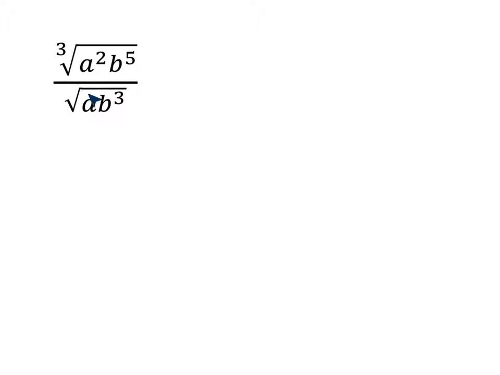A little bit of division now. Simplifying these guys is a little different because we have two different indices, a cube root and a square root. Remember, when there's nothing here, it's squared. All right? So when we have different indices, we want to use our rational exponents. Rational means fractions. So let's take that inside stuff, a squared, b to the fifth, and put that to the 1/3 power.